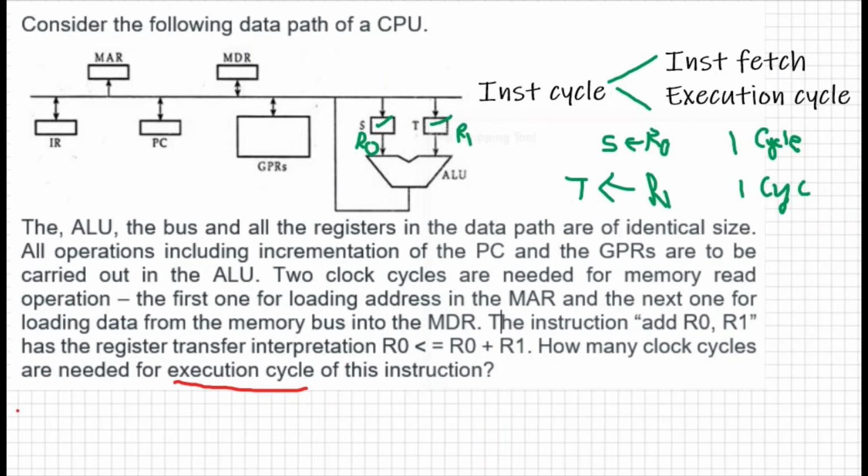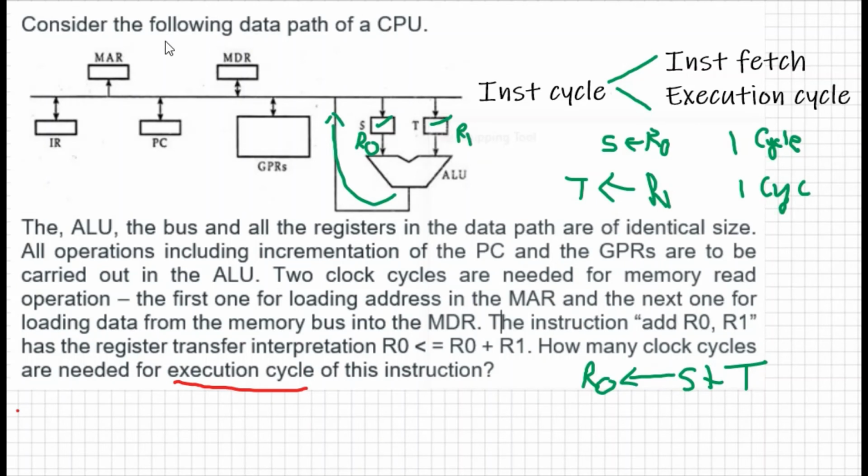Now the ALU will perform the operation, that is addition. You see no temporary register is there, so the result will go directly to your bus. The operands in S and T will be added by the ALU and stored in R0, because it will directly enter the data bus.